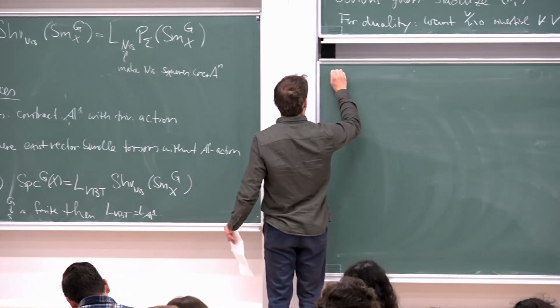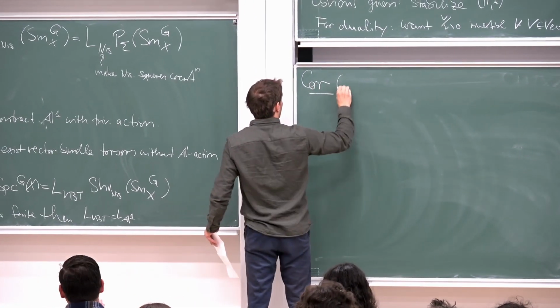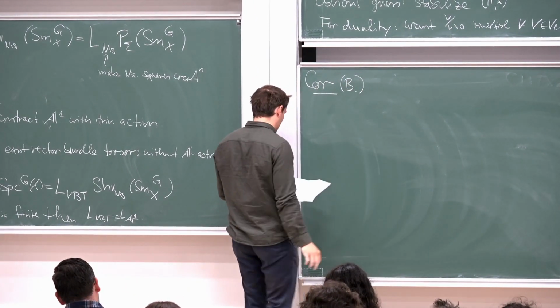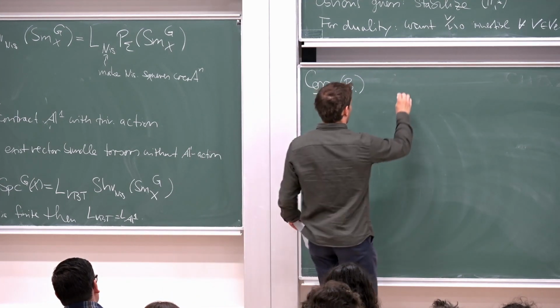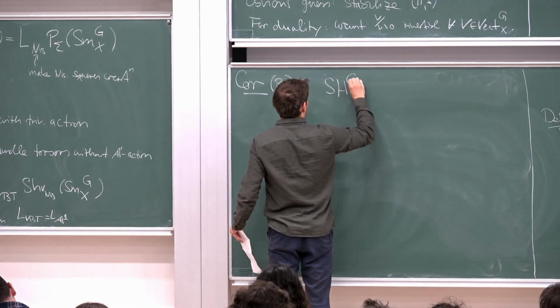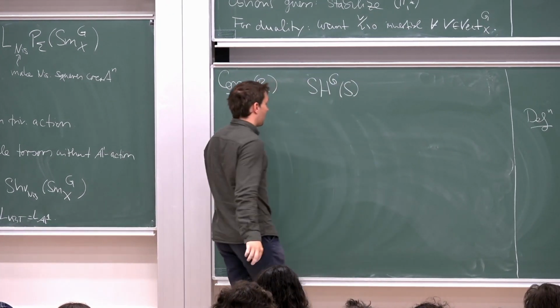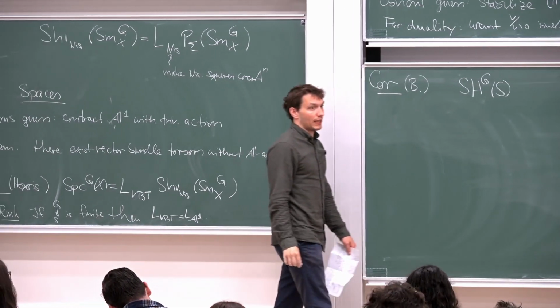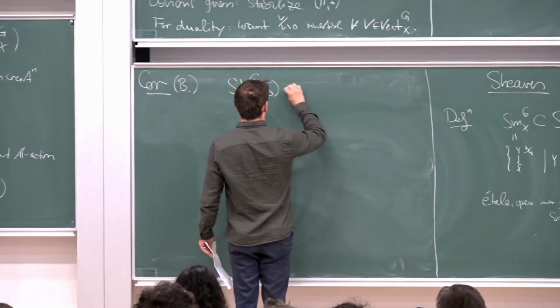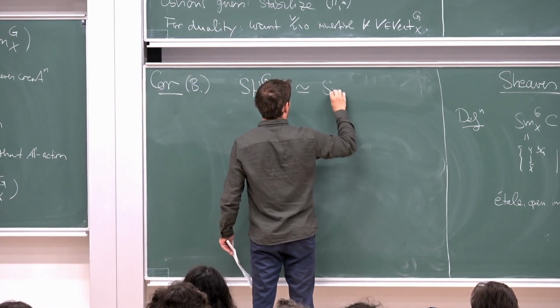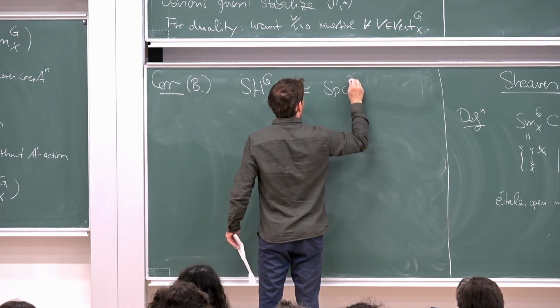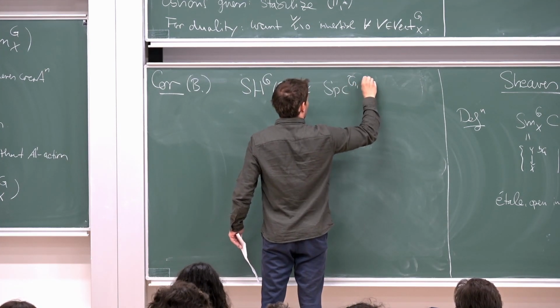So the corollary to the Tom-Dix splitting theorem is that actually this G equivariant genuine motivic homotopy category, you can describe it as follows. You start with the genuine motivic G spaces with finite étale transfers.